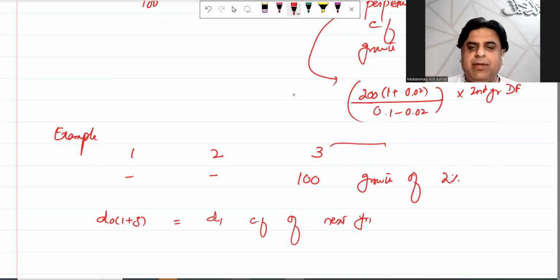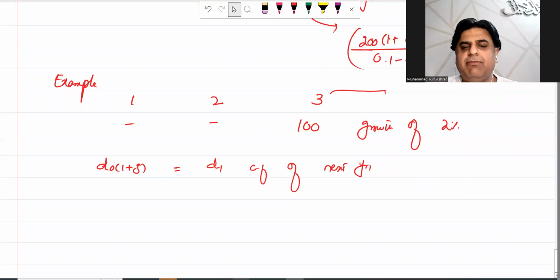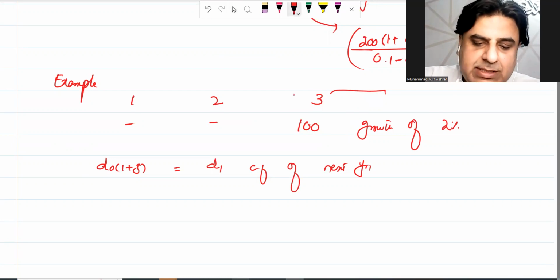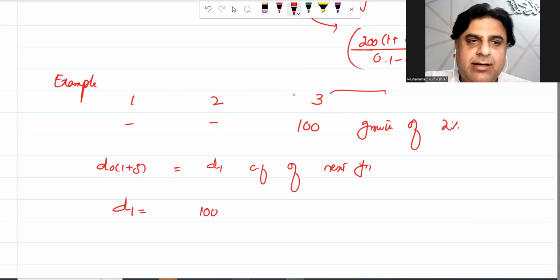So in this example, you see that we have not been provided with the cash flows right now or year 1 or year 2 cash flows. So simply we have D1 directly. Okay, so we have been given D1. Now D1 is basically D0 into (1 plus g).